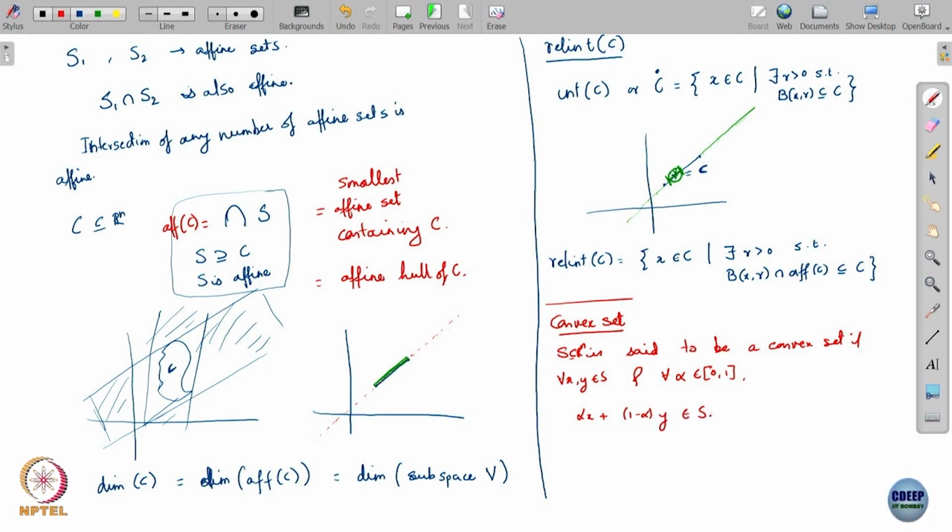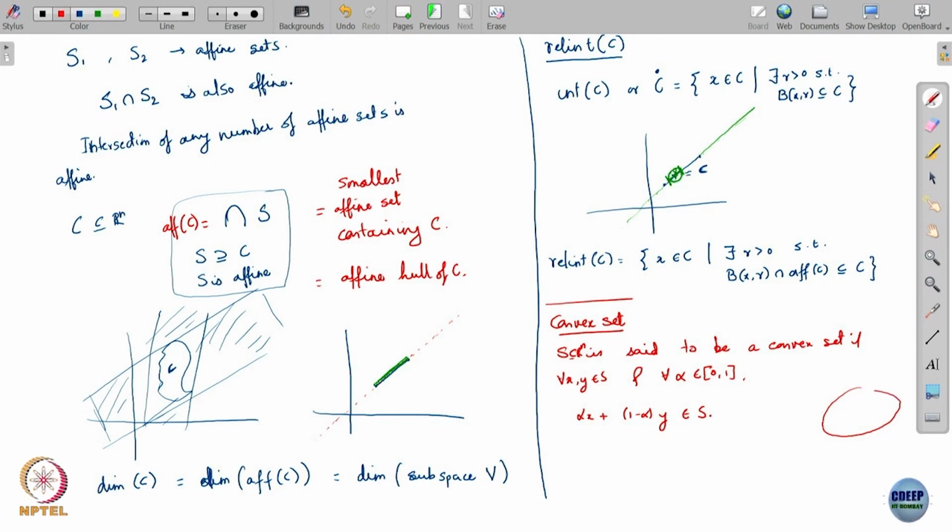I am sure you have seen this at some point of time. Take any 2 points in the set, take the line segment joining the 2 points; if the entire line segment lies in the set, then the set is said to be convex.